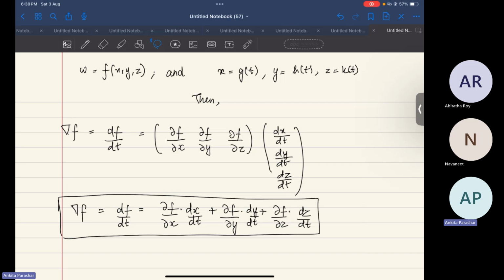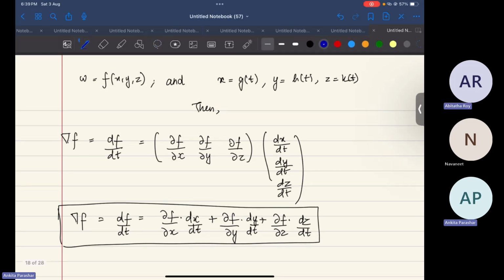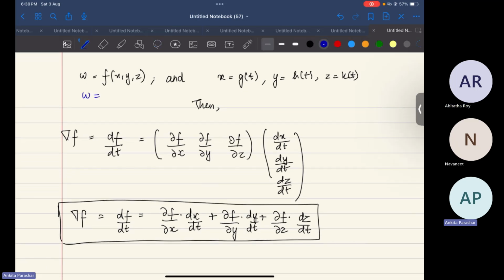This is the correct way, I think. So w is nothing but x y cos z. It's a function of x, y, and z, but your x is further a function of t, y is a function of t, z is a function of t. So you can very well write w as a composition of functions, right?